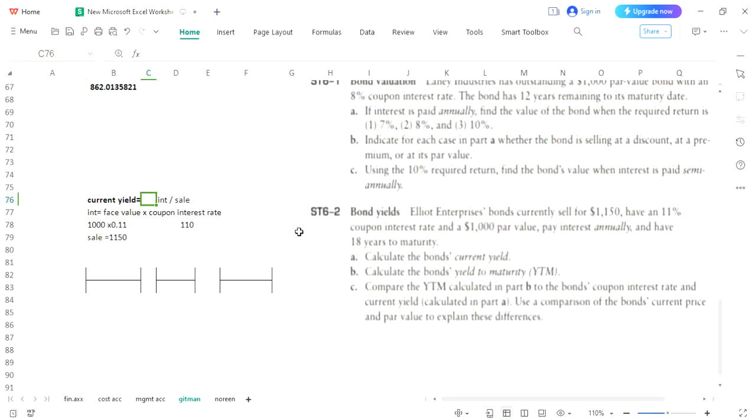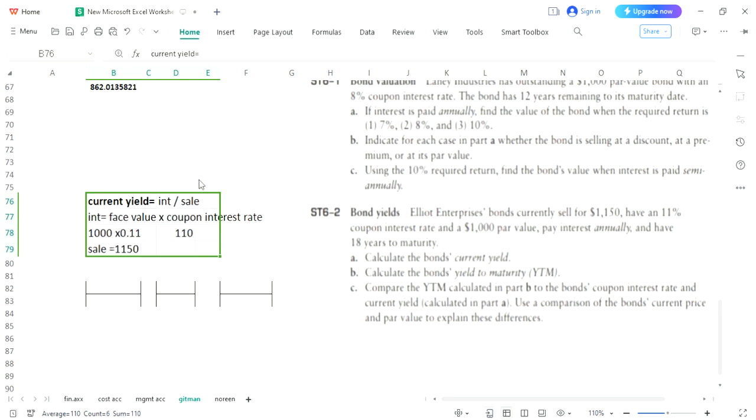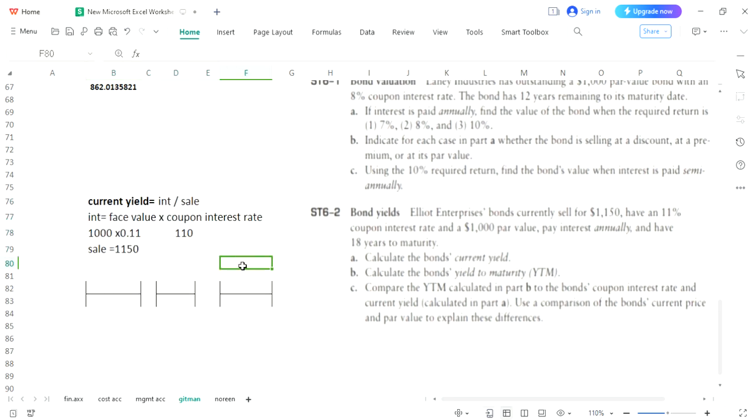So this way you have made your inputs ready. I'm just going to make it little larger so that visibility can be little better. Alright, so current yield, interest divided by sales. You have calculated your interest, which is 110, and how you have calculated, it's the old phenomena.